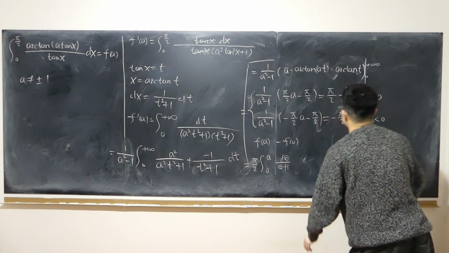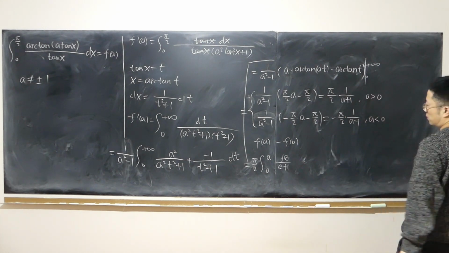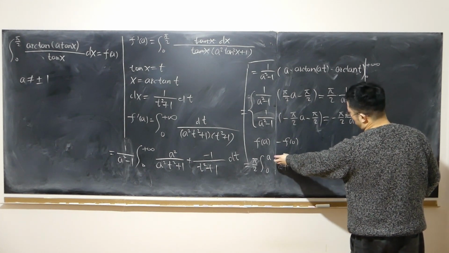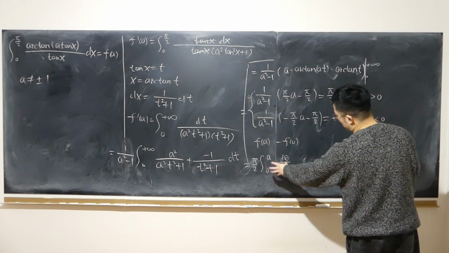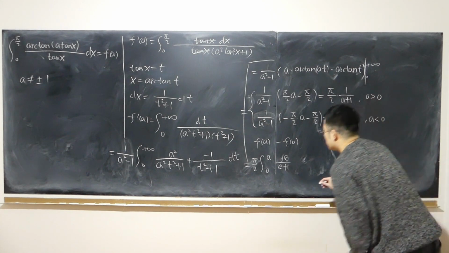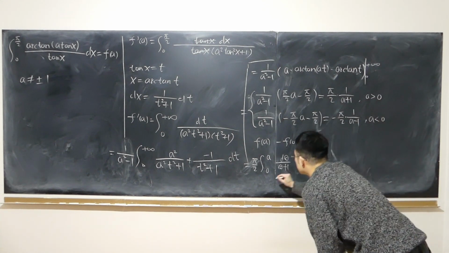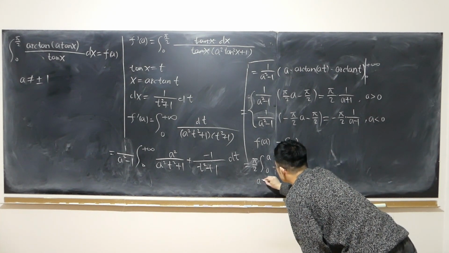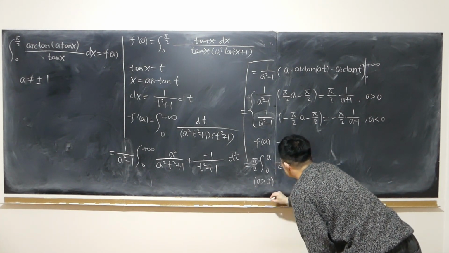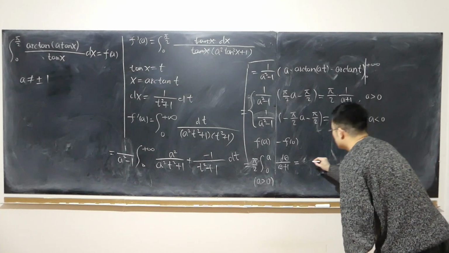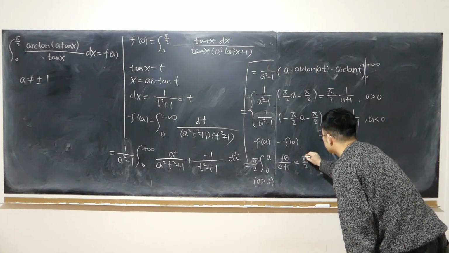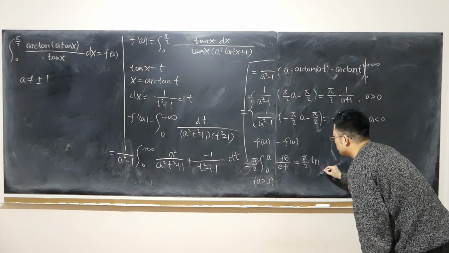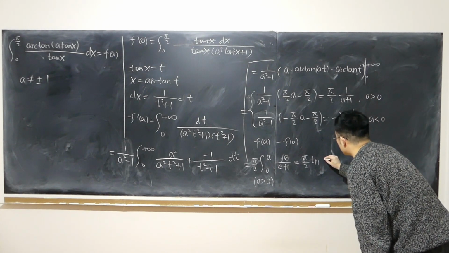When a is positive, that is equal to what? Half pi times log of 1 plus a.